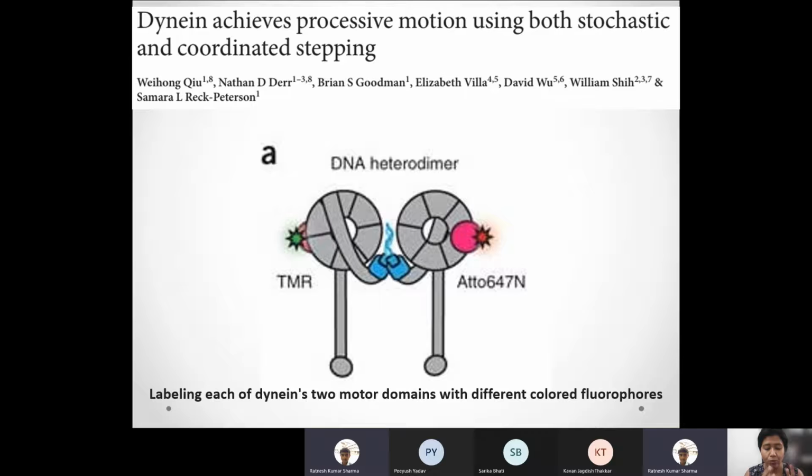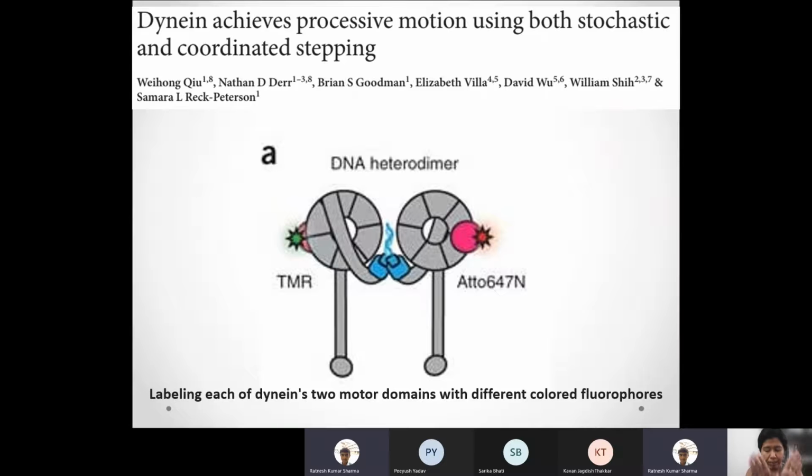This included adding GST, glutathione transferase, because GST, the protein, is known to form very tight dimers, or adding DNA stretches, because DNA is known to form double helices. Because of its tendency to form double helices, it would also dimerize the molecules to which it is attached. So in the end, what they have are these 2 dynein molecules which are dimeric. One is fluorescent red and one is fluorescent blue.